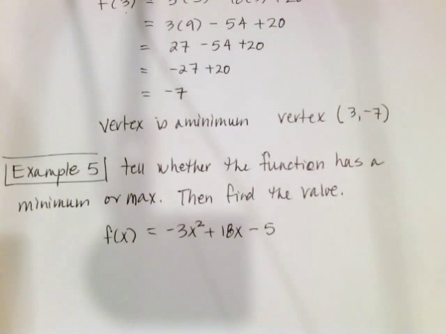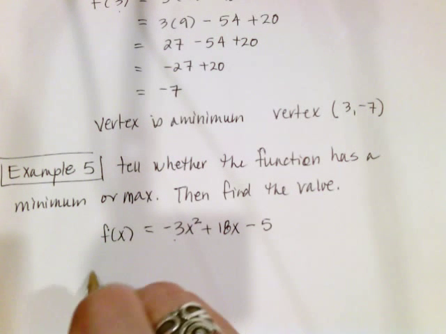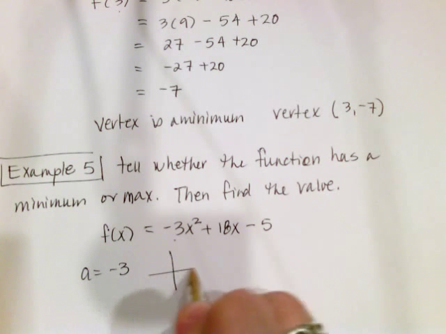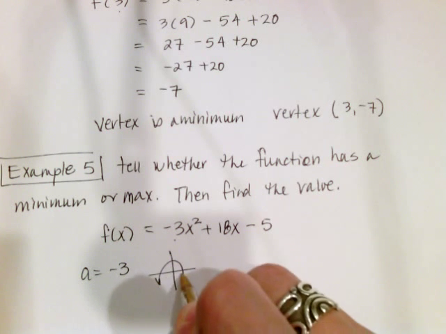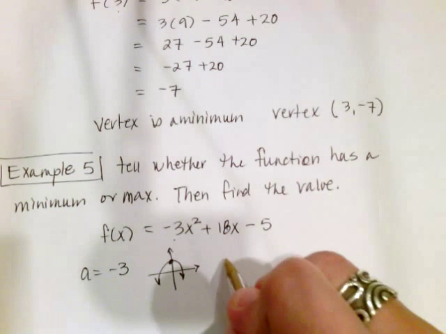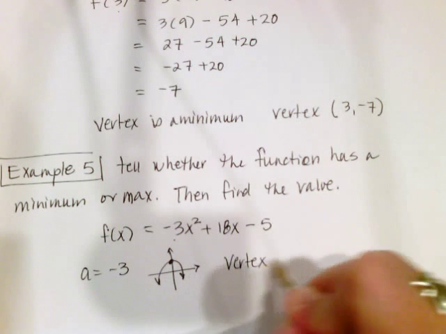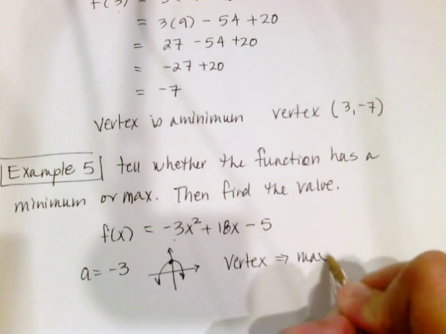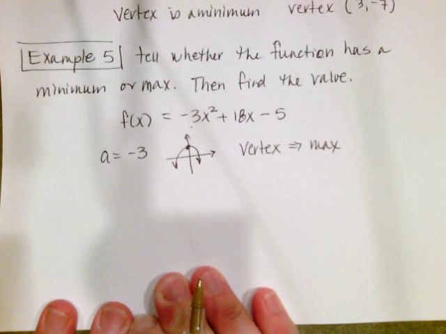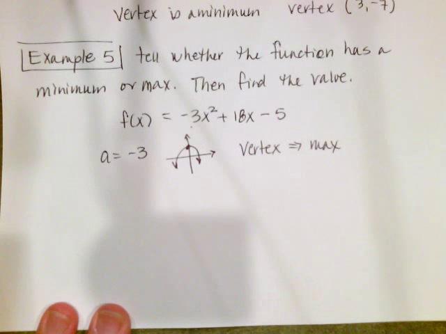Okay. So let's talk about a. I know that a is a negative 3, which tells me that my parabola points down like that, which means that the vertex is going to be a maximum. Okay? So now what I need to do is find the coordinates of my maximum point. And to do that, I have to find the coordinates of the vertex.